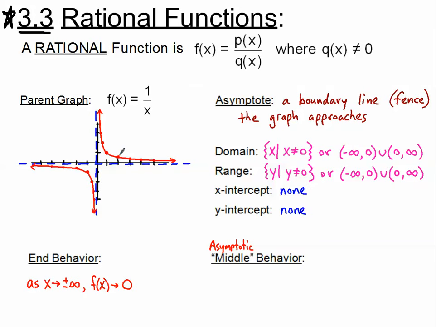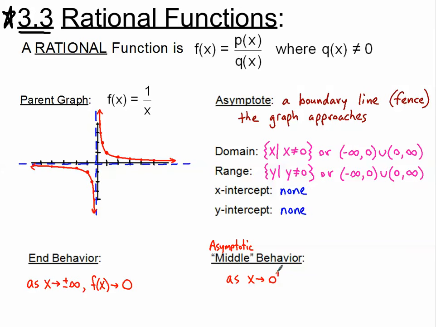We have what the graph is doing on the right side, and what the graph is doing on the left side. So we actually have a new symbol, and we're going to say as x approaches, now we need the value of this vertical asymptote, which is 0. X equals 0 is the vertical asymptote. So we need to know what's happening as x approaches 0. But like I said, we need to know which side.